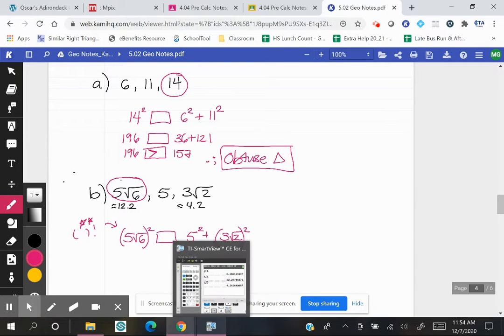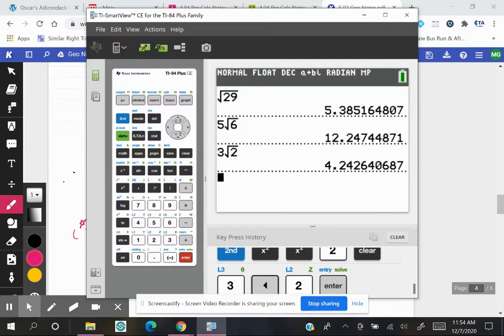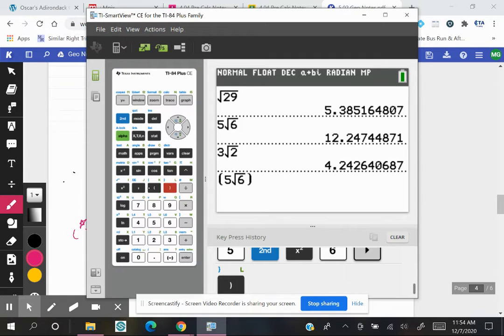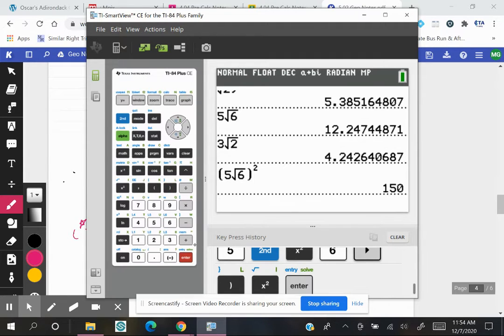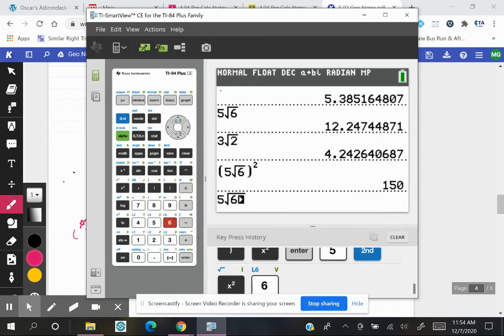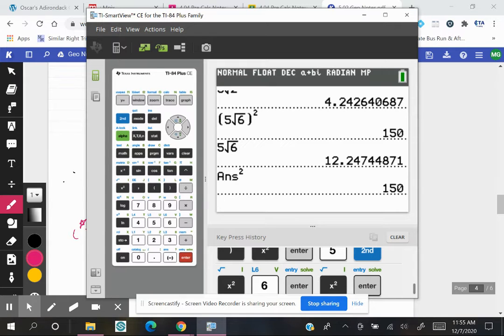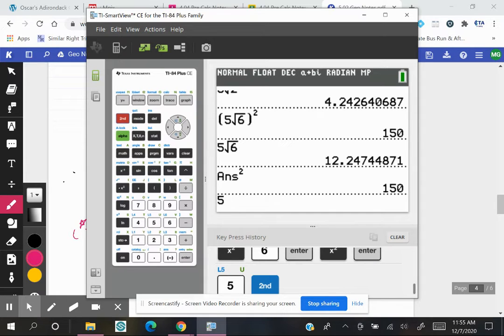Also, this one can be tricky to type in your calculator. If you're doing it in one step, you would type in 5 radical 6 and then the squared button. I often just do it in 2 steps: I type in 5 rad 6, hit enter, then hit the x squared button and enter again. That's easier for me, but if you want to do it in 1 step, that's fine. I'll show you the difference here.